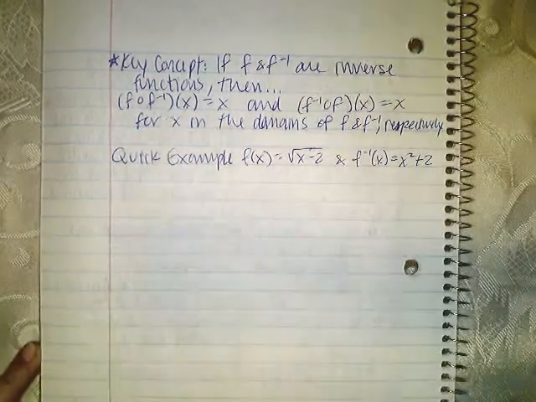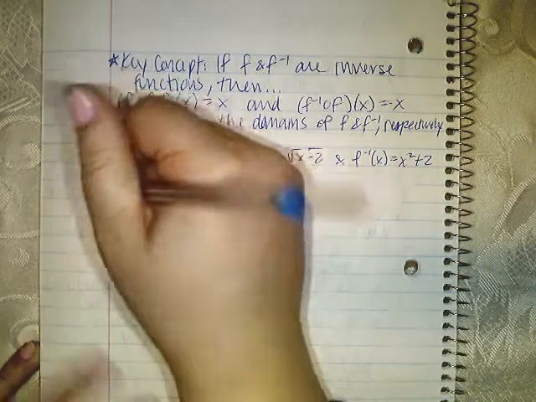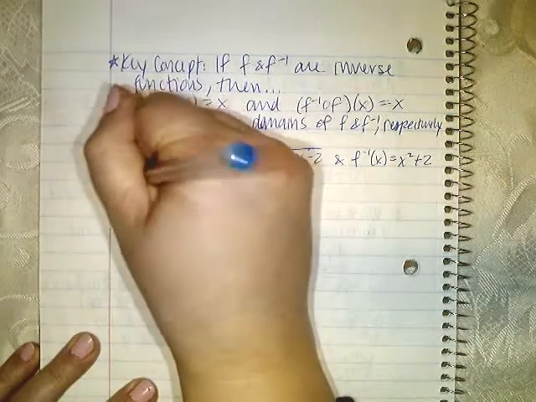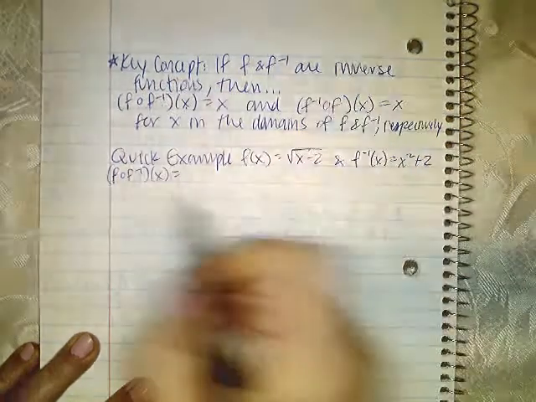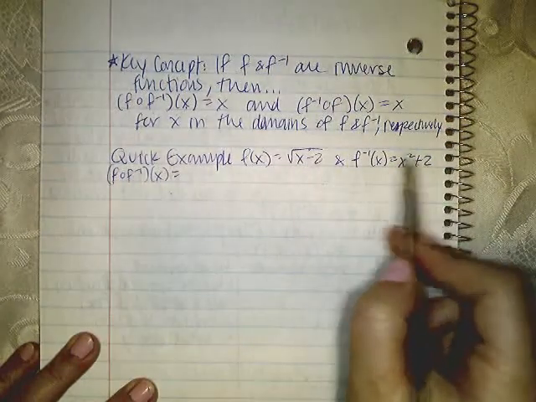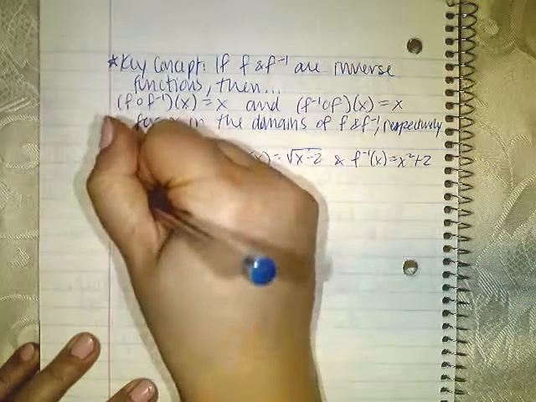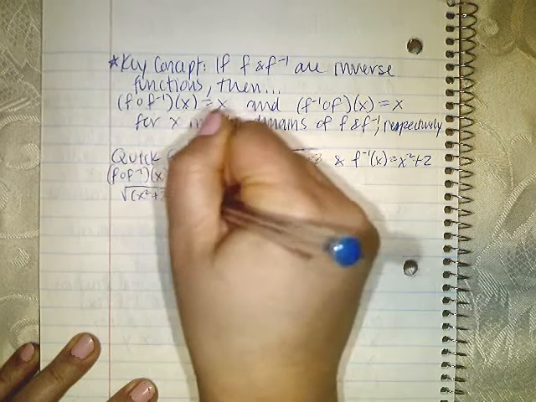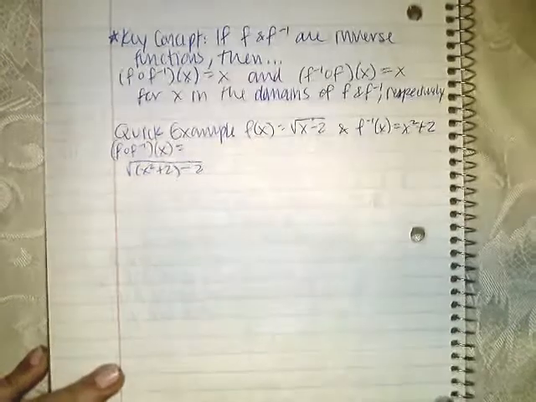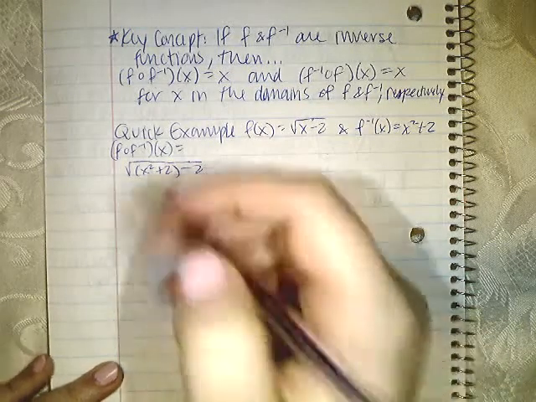So I'm going to show you that this indeed proves true with these two examples. So if I take f of the inverse of f of x, then that would be equal to plugging in this function into the original. So that would be the square root of x squared plus 2 minus 2. So if I'm going to simplify that and show you it indeed becomes x.